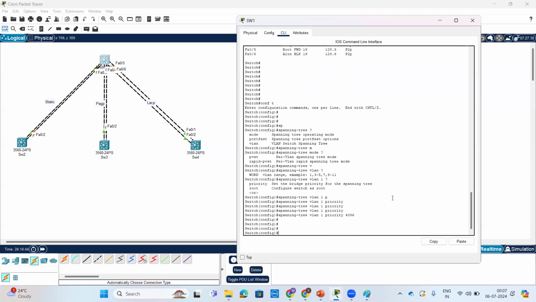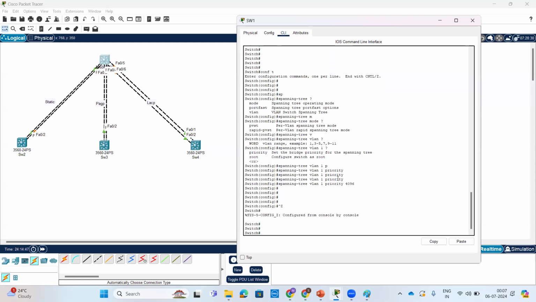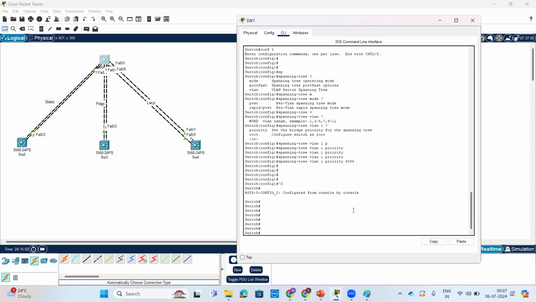Now all the switches have the priority 32768, 32768, 32768. I have just decreased the priority of this switch to 4096. Now this switch will be elected as the root switch.